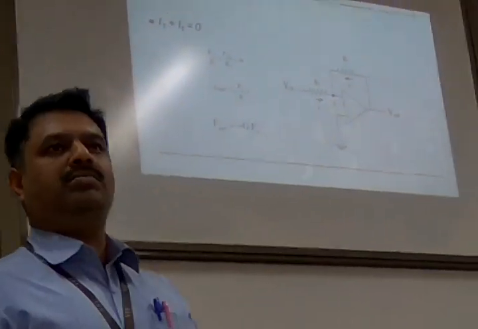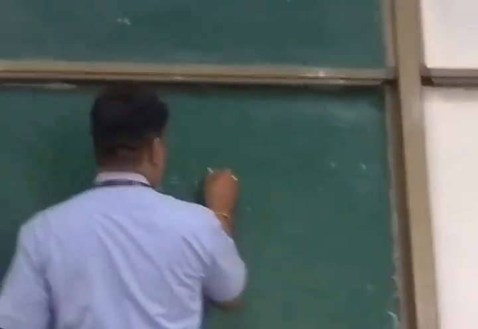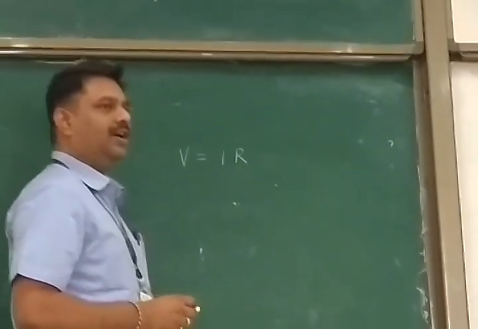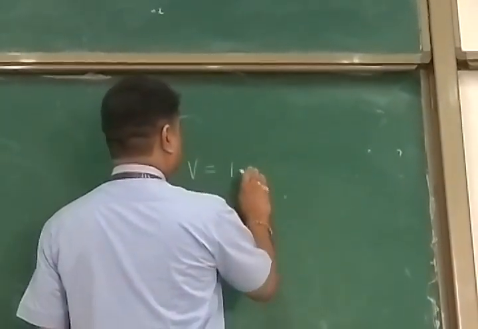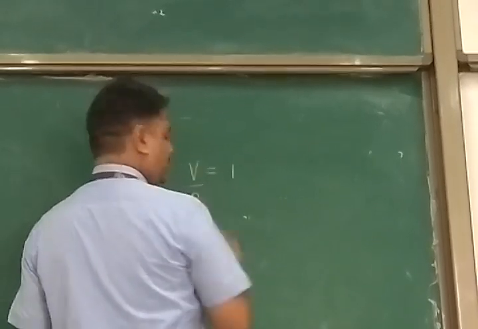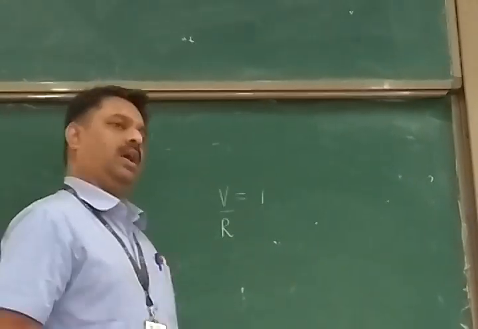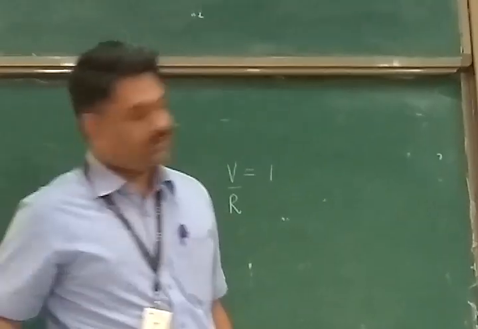Now, all of us know V is equal to IR. Voltage is equal to current times resistance. That is Ohm's law. So I is equal to V by R. I just bring this down.